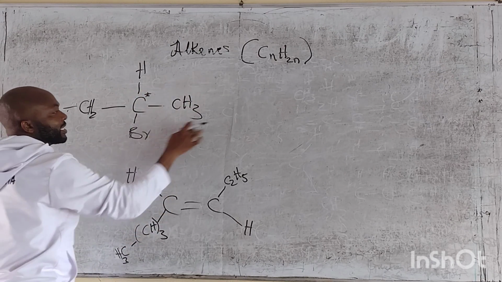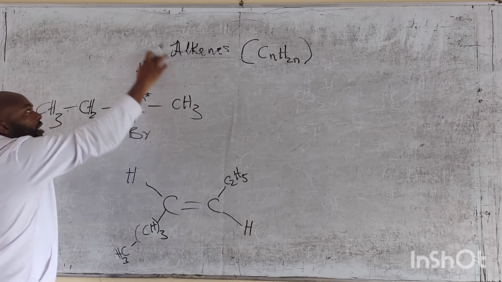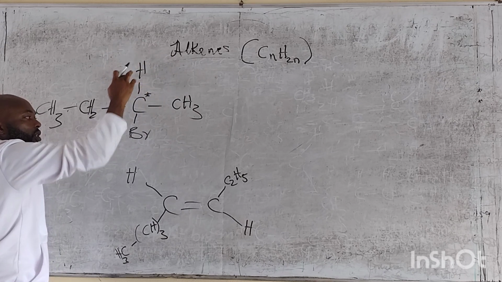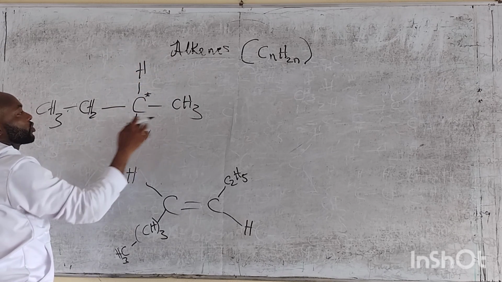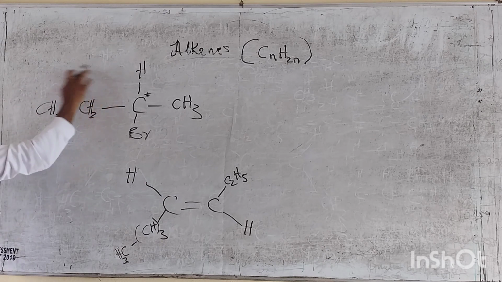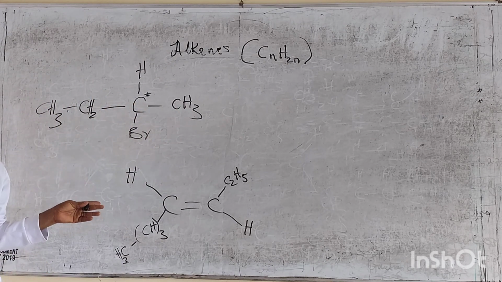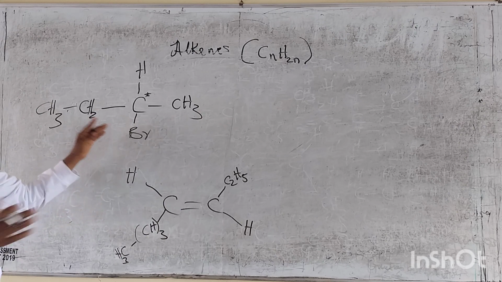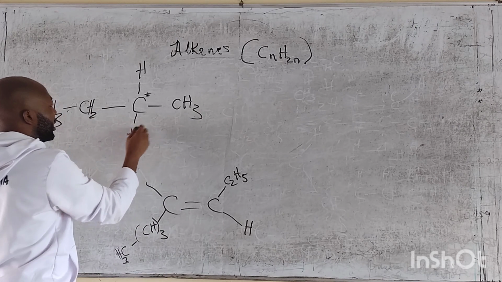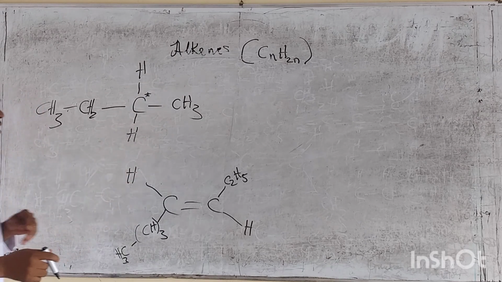Now, this side has a methyl attached to it. This side has a hydrogen attached to it. This side has a bromine attached to it. And this side has an ethyl attached to it. So the four groups attached to this carbon are different. They are not related in any manner. If I have hydrogen here, this carbon is not chiral. Why?